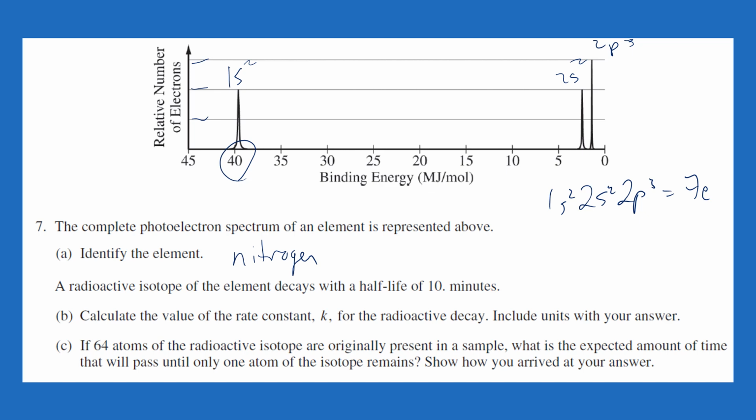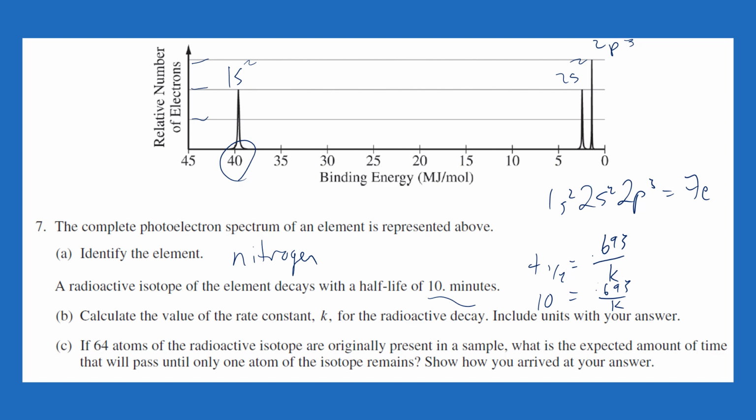Now, a radioactive isotope of the element decays with a half-life of 10 minutes. Calculate the value of the rate constant k for radioactive decay and include units. Radioactive decay, you need to know, always follows first order kinetics. So that means we can use the first order half-life equation, which is 0.693 over k. And we can leave this in minutes. So 10 equals 0.693 over k.